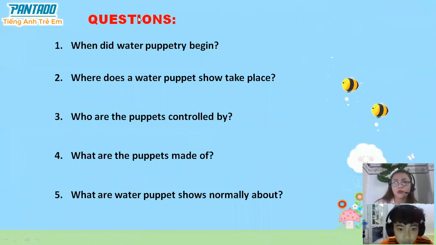So when did puppetry begin? It began in the 11th century. Where does a water puppet show take place?